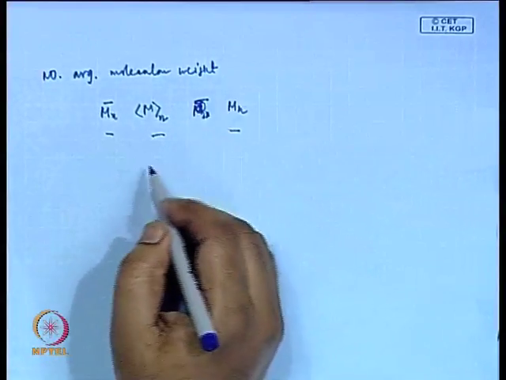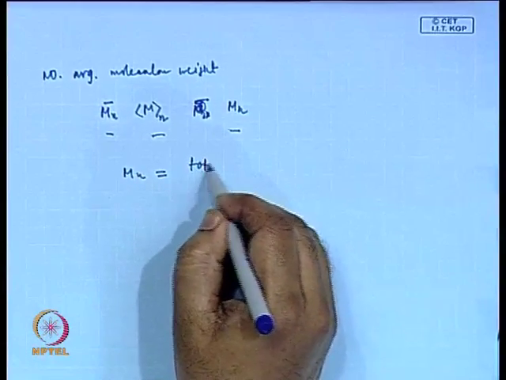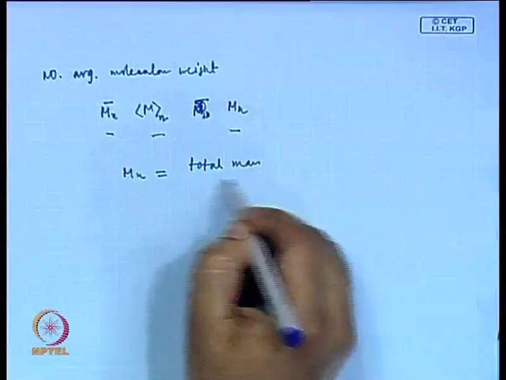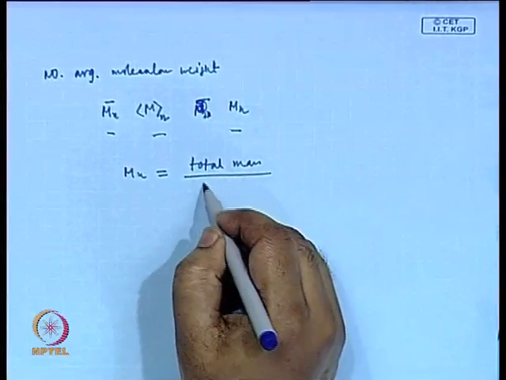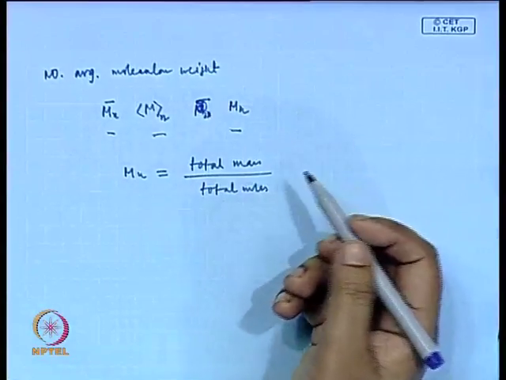It is a simple arithmetic mean. So, Mn would be total mass or weight divided by total number of moles. We are talking about molar mass in this case.